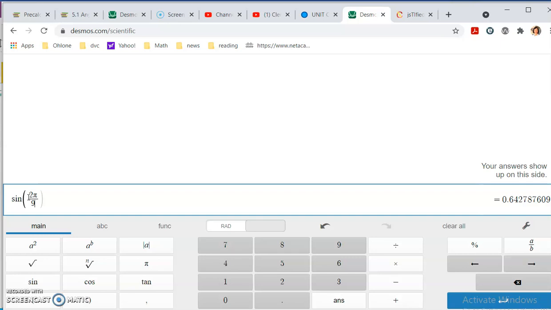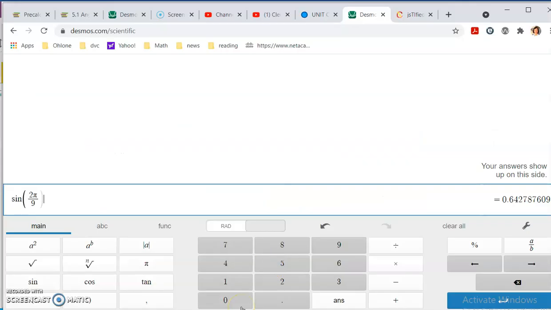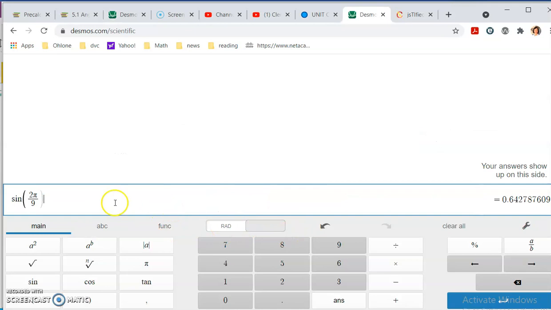Cosine of 2 pi over 9, so it is also in radian, 2 pi over 9, because it's not a special angle, 0.6428. Sine of negative pi over 8, so you can put in a negative input because the angle can be negative, and there's no degree, so it's radian still.